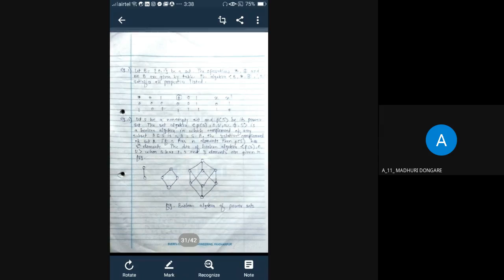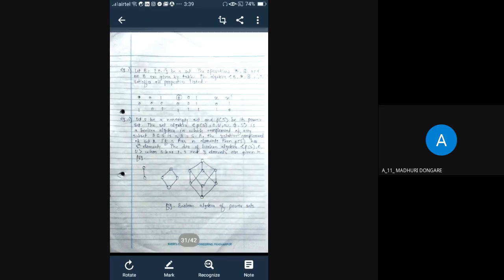Now the next one is 2. If your set contains two elements, then its power set will contain 2 raised to 2, that is 4 elements. And that Boolean algebra is represented by the second diagram. And the third one: if your set contains 3 elements, then the power set of that set will contain 2 raised to 3, that is 8 elements, and that is represented by the last diagram.